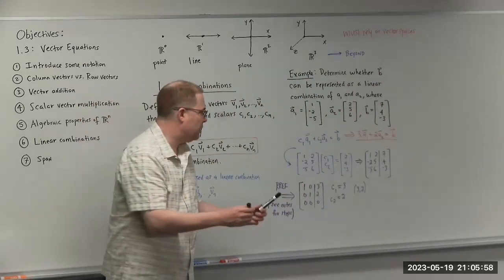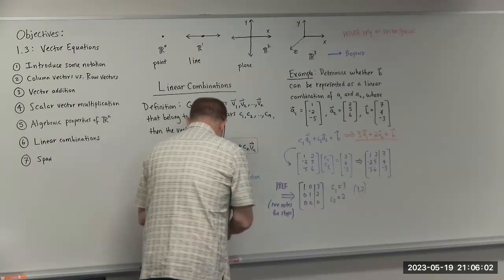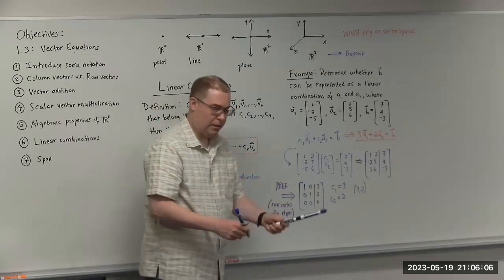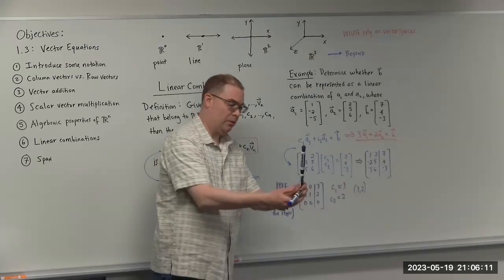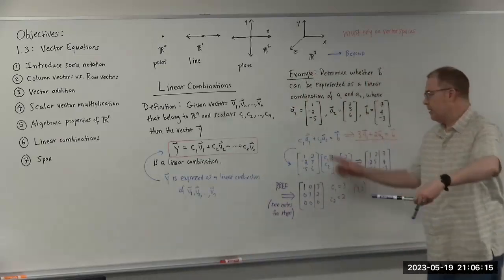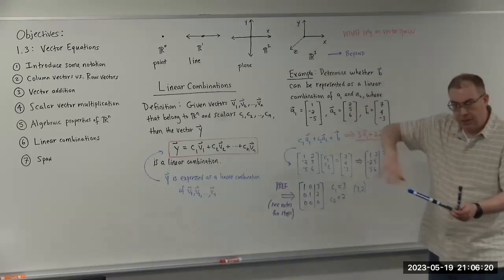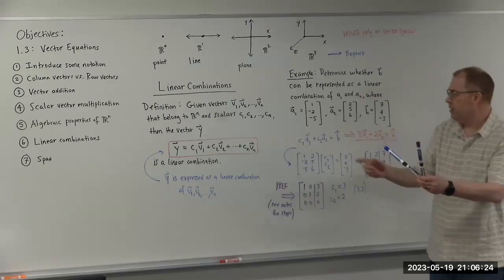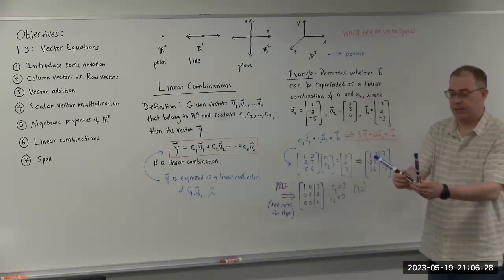Let's just get some sticks here. Let's see if I can do it this way so you can see it more. Let's say this is A1 and this is A2. It doesn't matter what these are. We're living in R3, so you have one in one direction and another in a different direction.